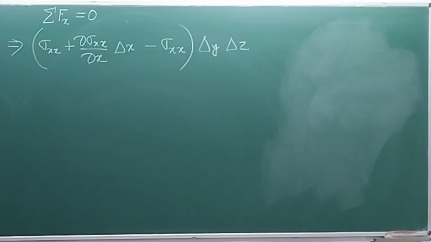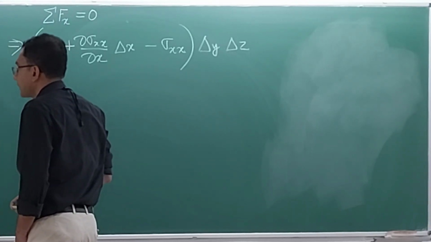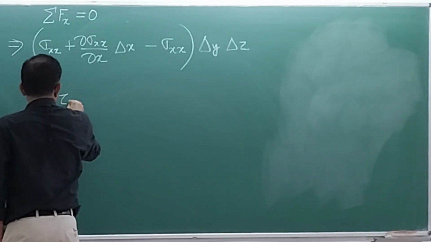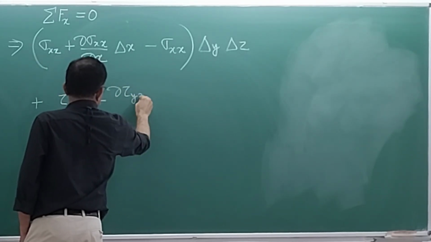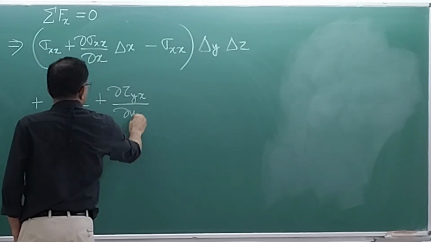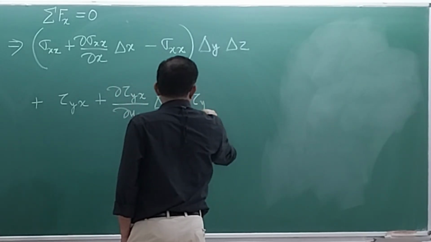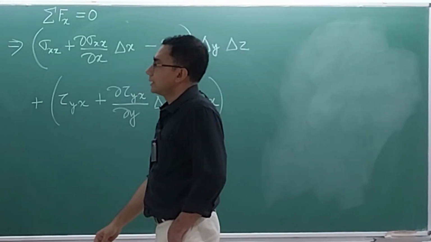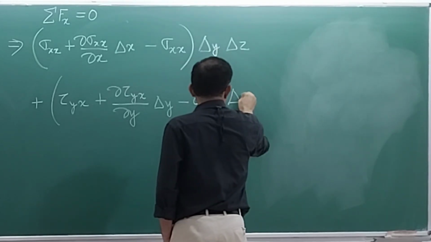Next, for this tau yx, what is the corresponding area? Delta z, delta x. Very good.